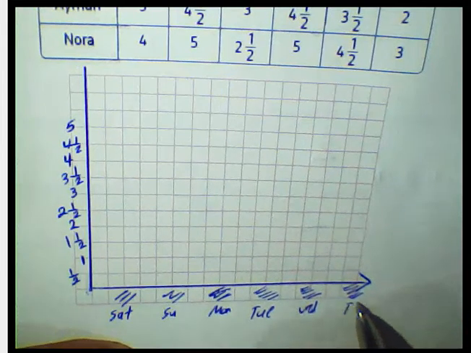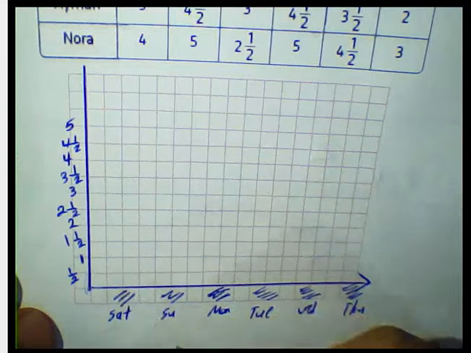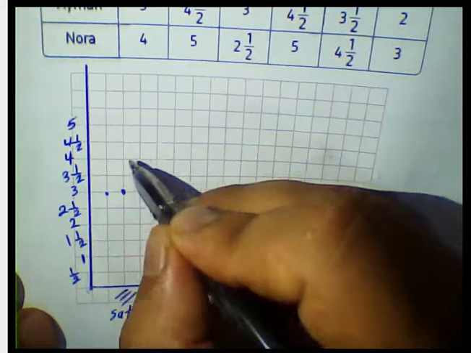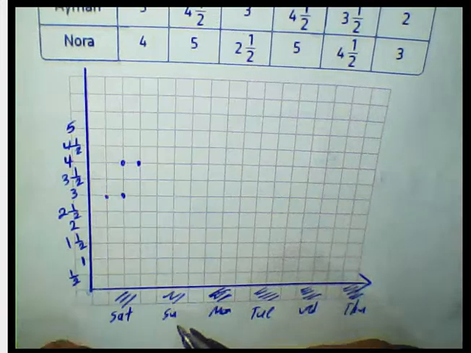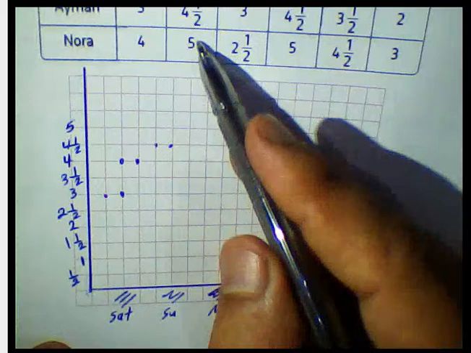Okay, understood? And we can draw 3 and 4. We draw here 3 and 4, and Sunday 4.5 and 5.